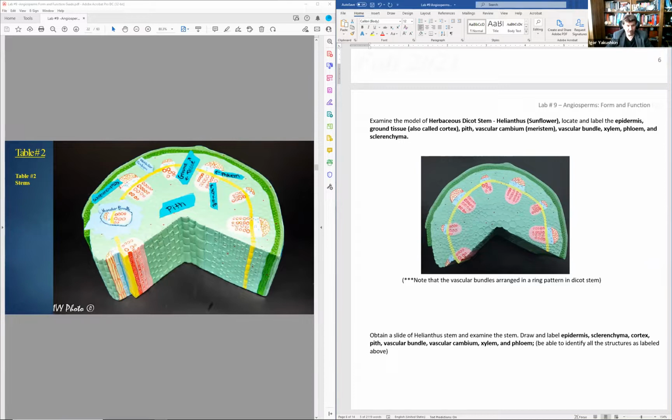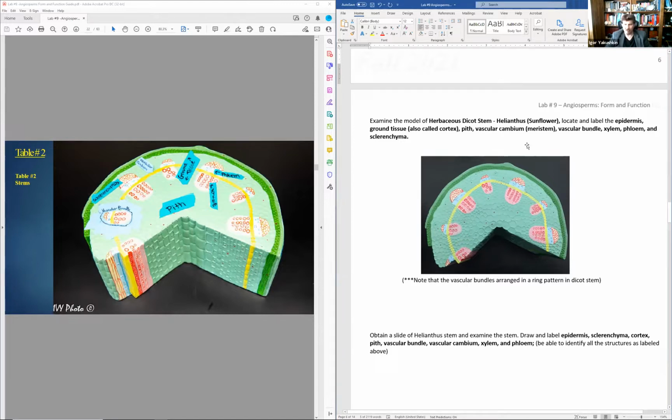So we have a vascular cambium, xylem, blue phloem, sclerenchyma. Dermal tissue. Now between the dermal tissue and the vascular bundle, there is a thin layer of cortex, but the inside part is known as the pith.